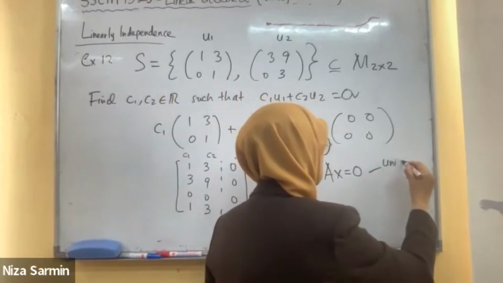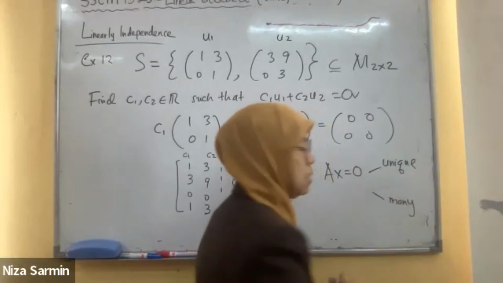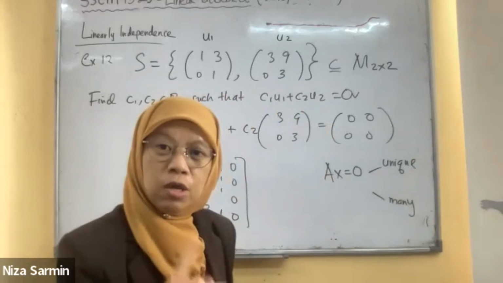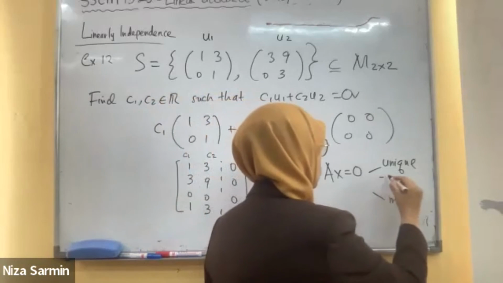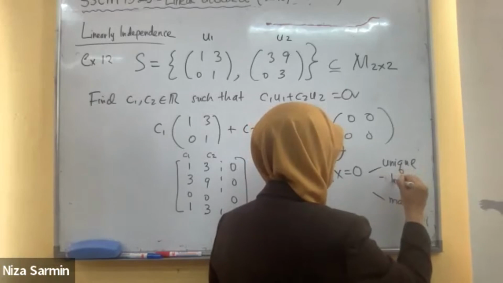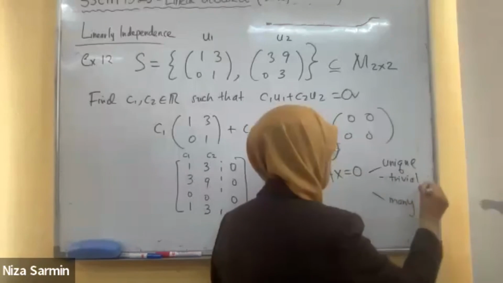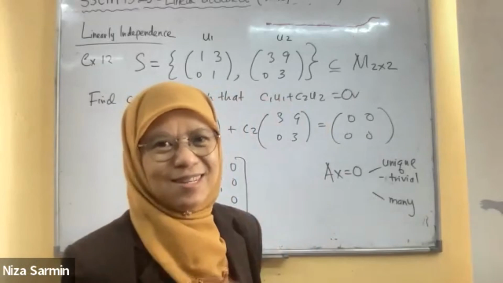Unique solution or many solution. If it is a unique solution, this is what we call a trivial solution. Meaning all the answers are 0, right?